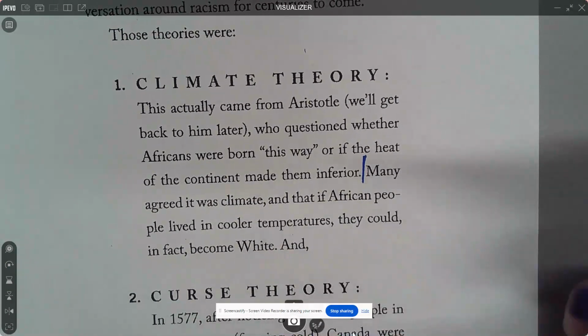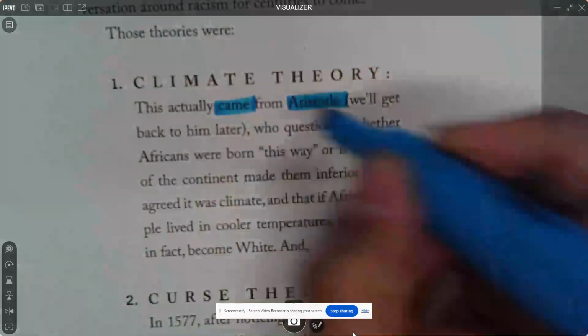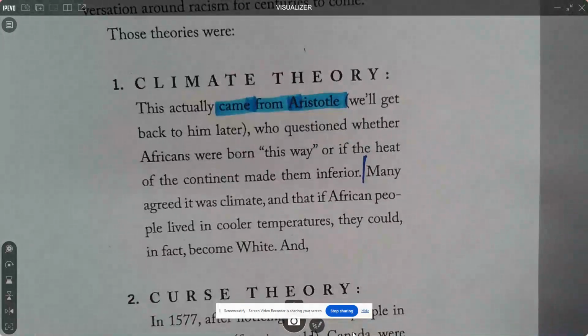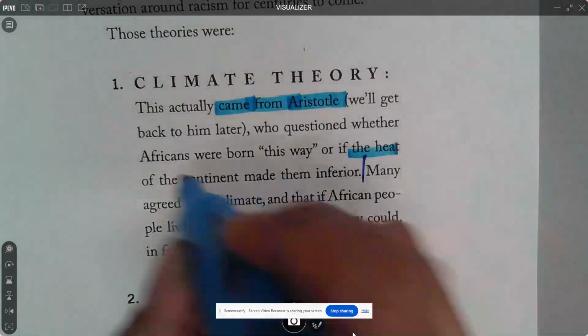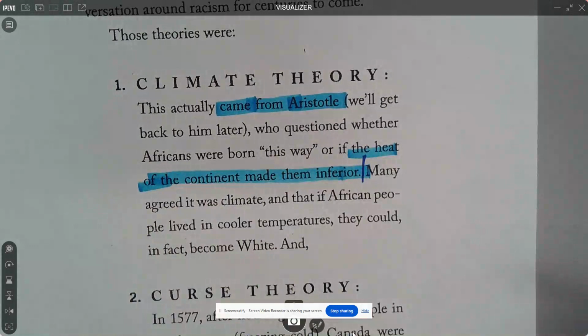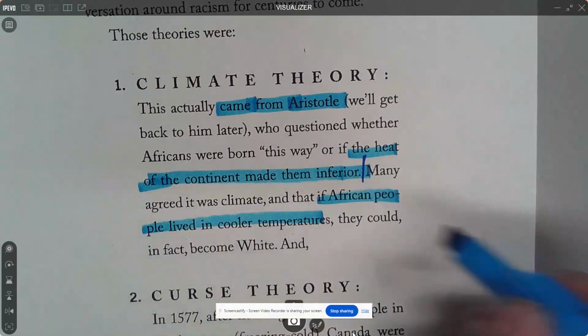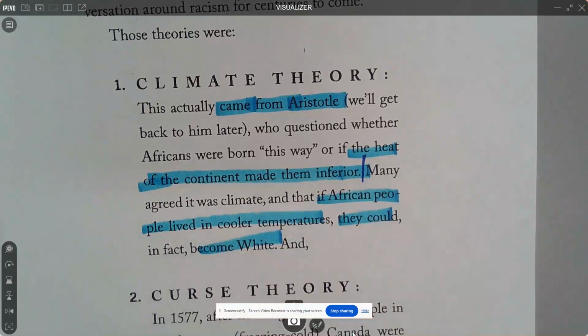I'm going to try to isolate my key points. So it came from Aristotle. Said the heat of the continent made them inferior. And if African people lived in cooler temperatures, they could become white.